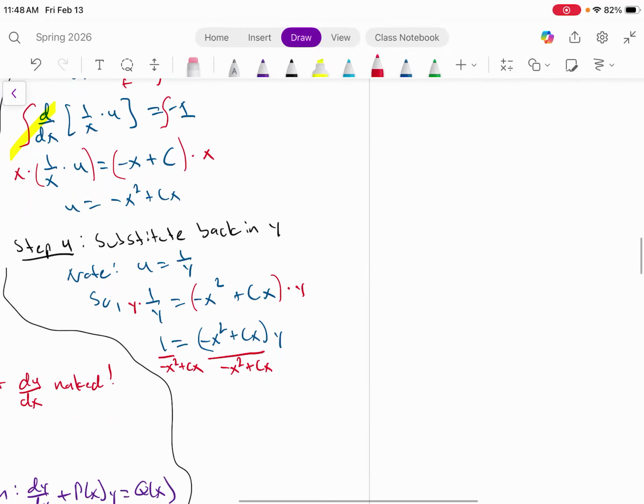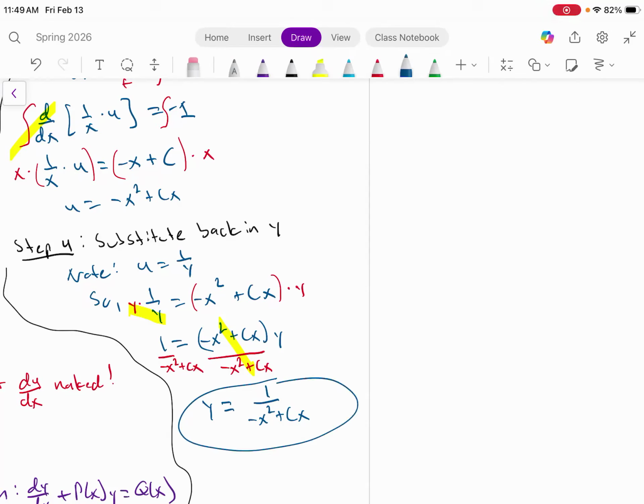Okay. And what I'm left with is going to rearrange it now, but it will be y equals 1 over negative x squared plus cx. And that is our answer. Okay. So that's our answer. We do have a rational answer.